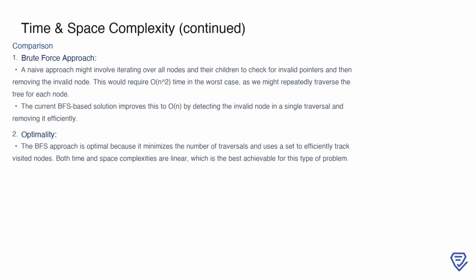In contrast, the BFS-based solution improves this to O(n) by detecting the invalid node in a single traversal and removing it efficiently. This optimization is achieved by leveraging both the BFS traversal and the scene set, which allows us to track visited nodes without redundant checks. As a result, our approach not only minimizes the number of traversals but also ensures that both time and space complexities remain linear, which is the best possible outcome for this type of problem.